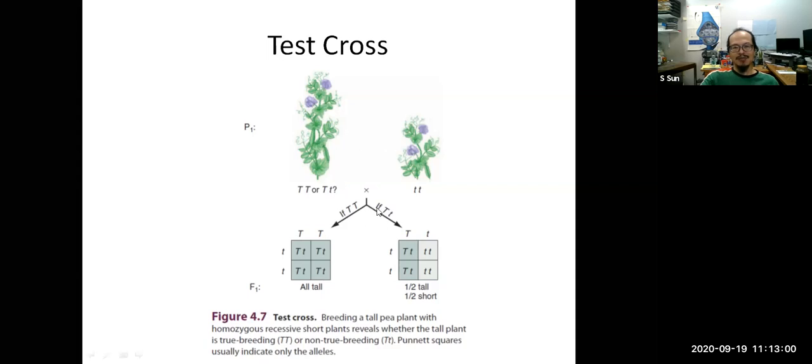If that's this one, then we have two short plants in 4. So about 50% tall, 50% short. So that's that.